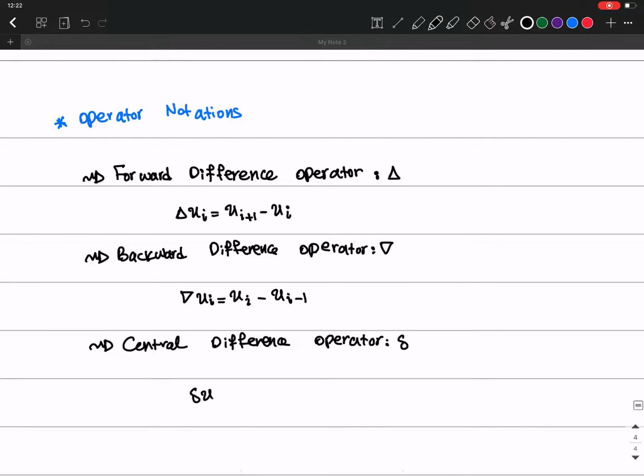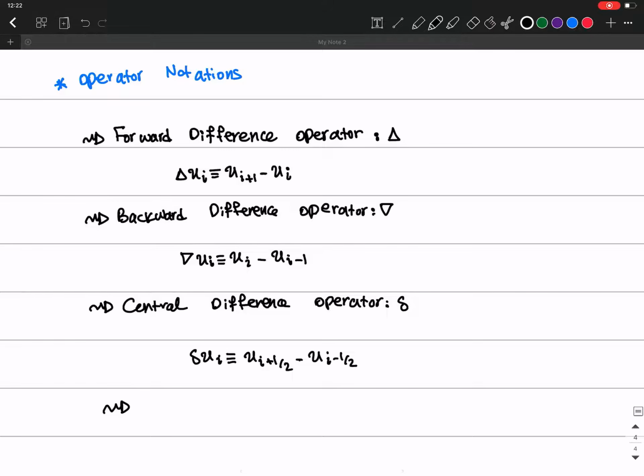So, delta ui, and these are all definitions. Delta ui is defined as ui plus 1/2 minus ui minus 1/2.